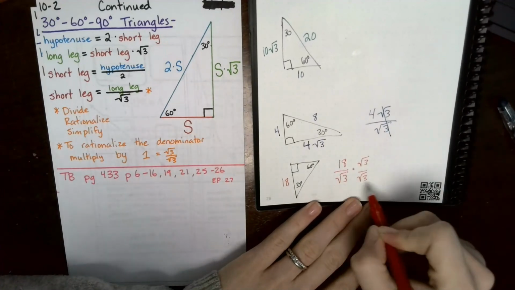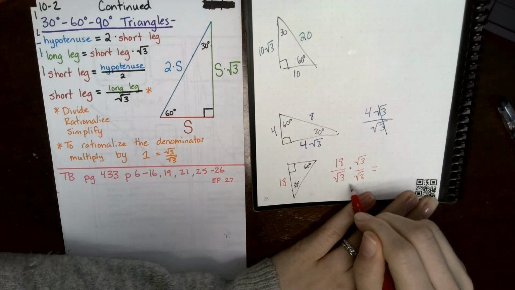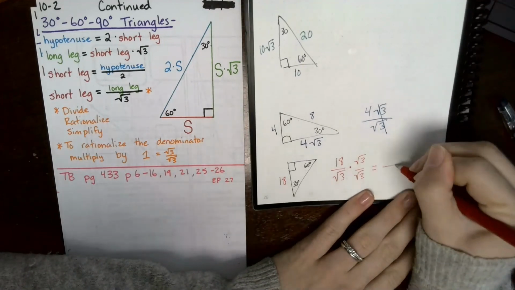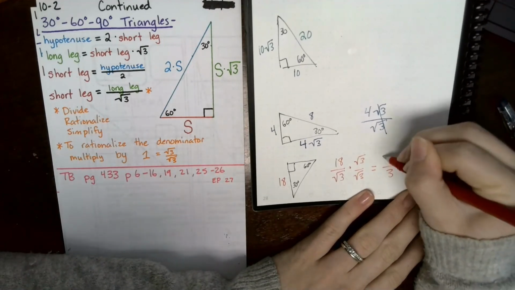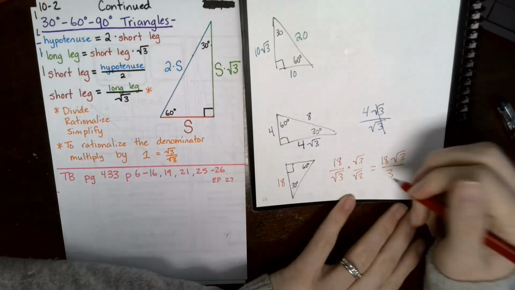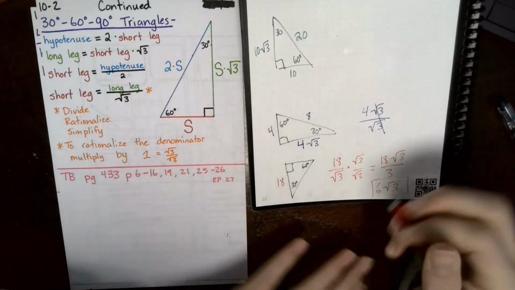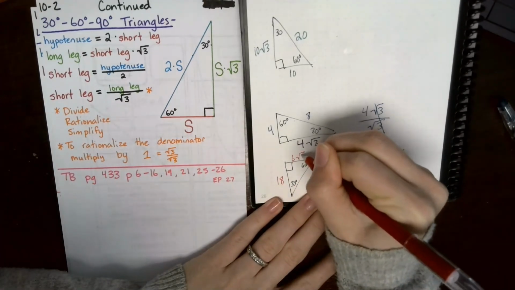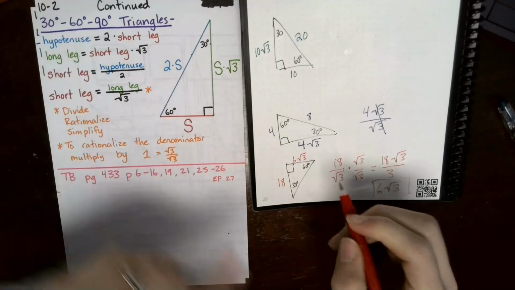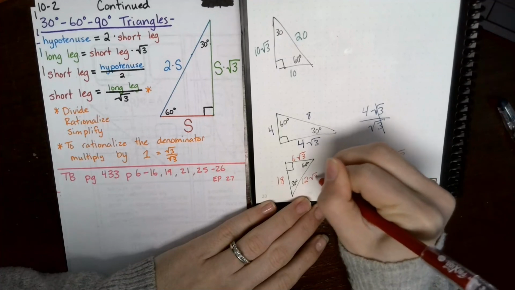Now we can rationalize, so remember, square root of 3 times square root of 3 is square root of 9, which equals 3. And then I have 18 square root of 3 on top. And then simplify. 18 divided by 3 is 6 square root 3. Now that I know my short leg is 6 square root 3, I know my hypotenuse is just 2 times the short leg. So I do 2 times 6 is 12 square root 3.